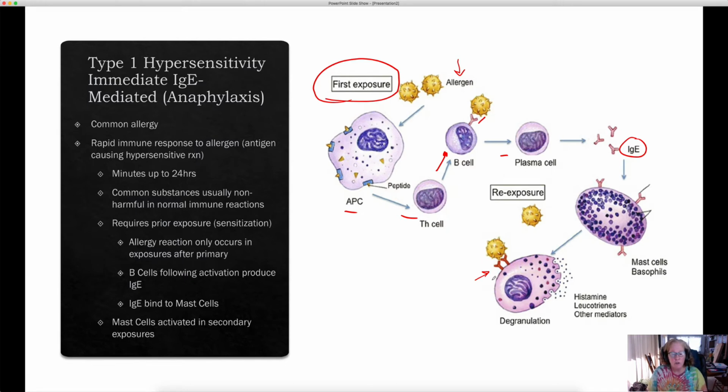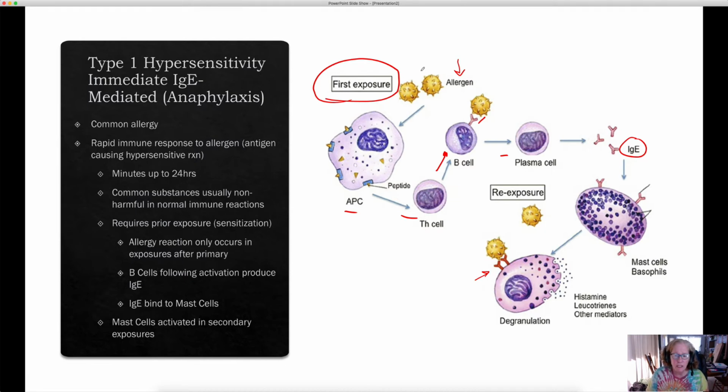And histamines do things like vasodilation. They cause smooth muscle contraction, excess mucus production, all of the things that you would associate with a typical allergy response. So if you have a hay fever type response, sometimes they call this allergic rhinitis, you would inhale an allergen, a pollen, or cat dander, dog dander.